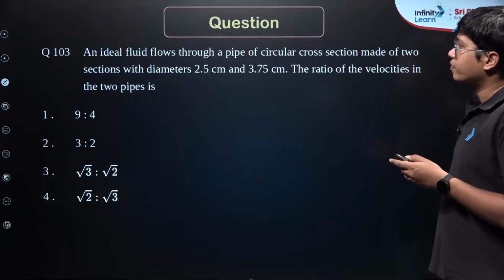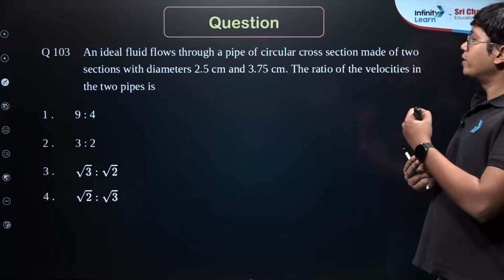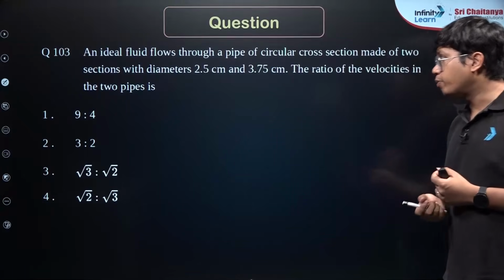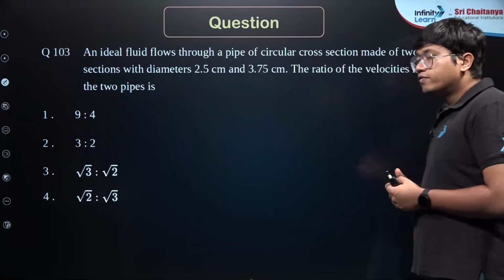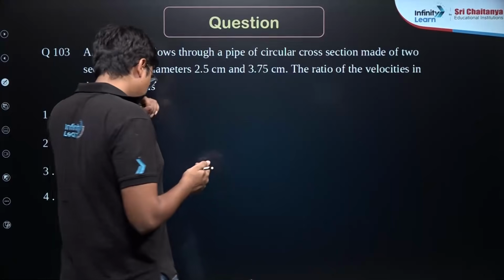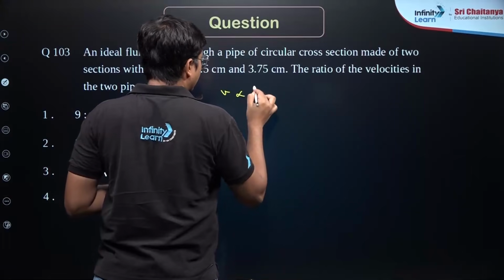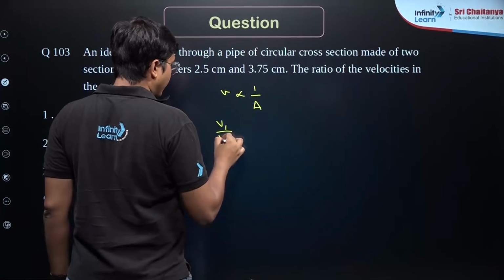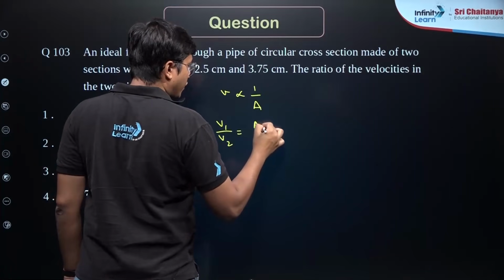This one says an ideal fluid flows through a pipe of circular cross section made of 2 sections with diameters 2.5 and 3.75 centimeter. Ratio of their velocities is how much? We know by equation of continuity, velocity is inversely proportional to the area. So V1 by V2 is A2 by A1.